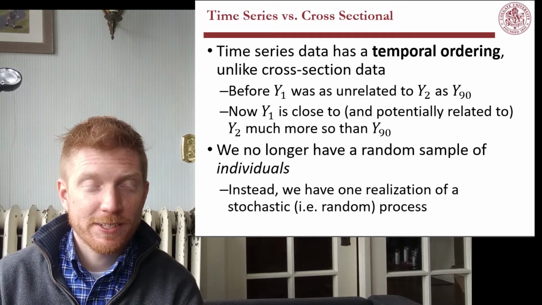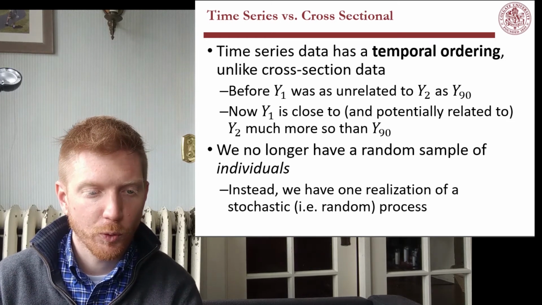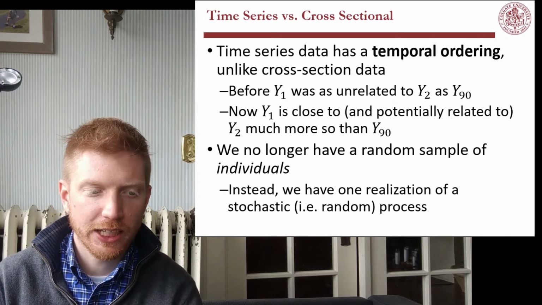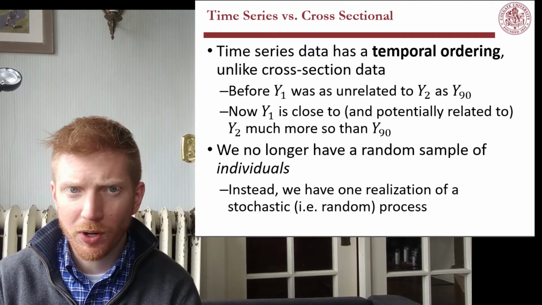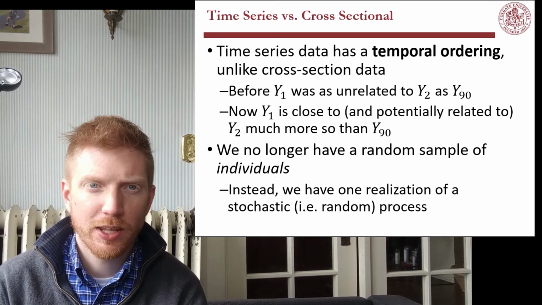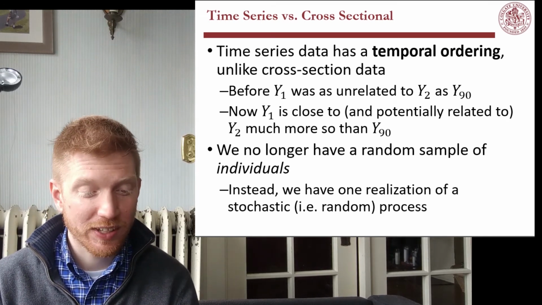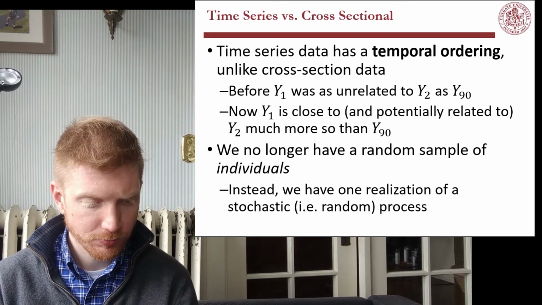Like I've emphasized, the big difference here is that time series data has a temporal ordering, unlike cross-sectional data. Before, y1 was unrelated to y2 in the same way that it was unrelated to y90. There wasn't any sort of connection between our outcomes.